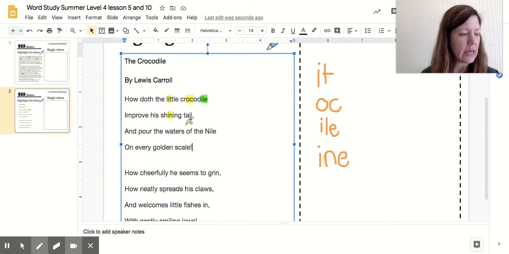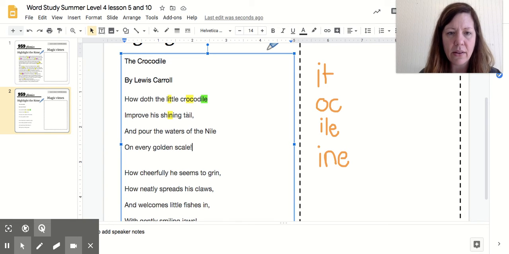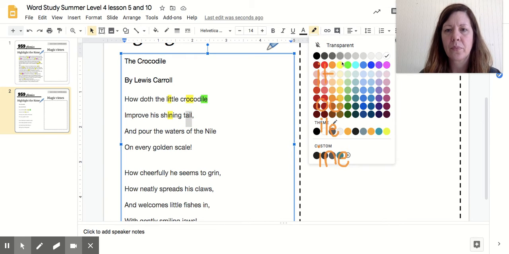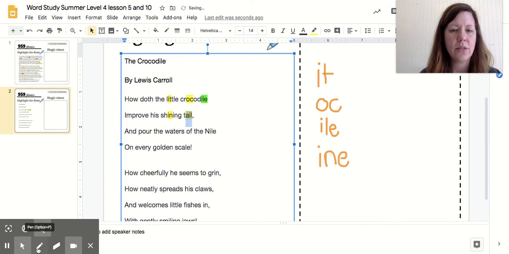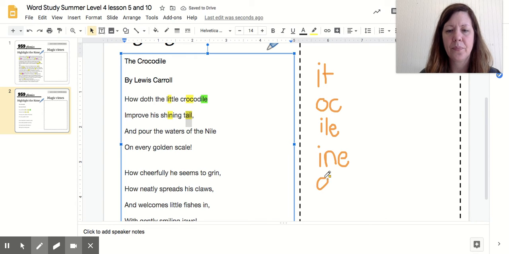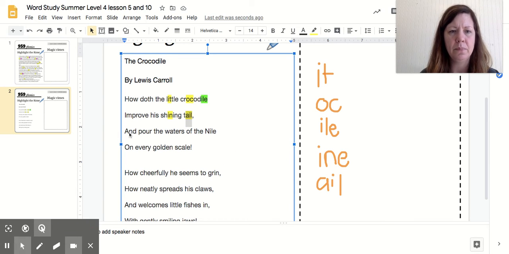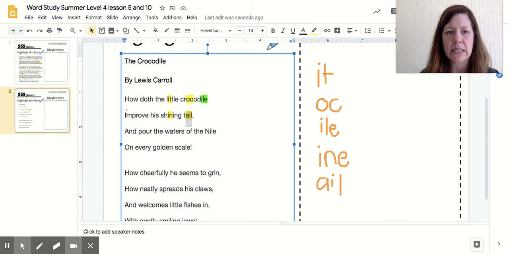How about in tail? What's the magic rhyme in tail? It's ale. Highlight that. And let's write that. All right. Here we go. Let's read all this first stanza.